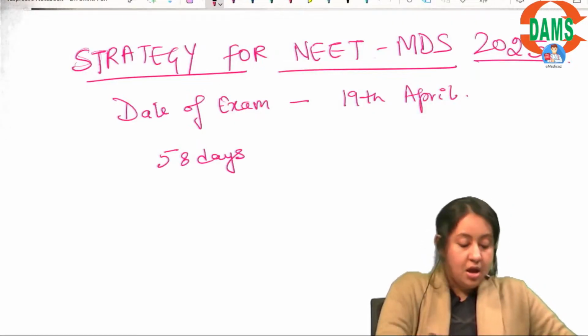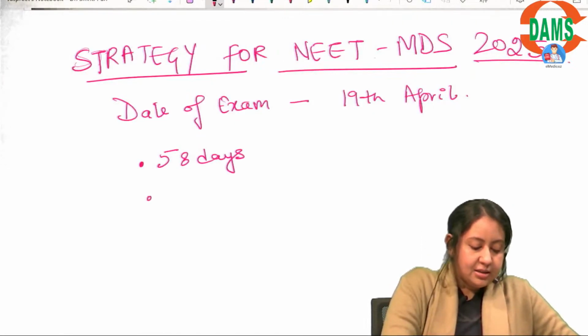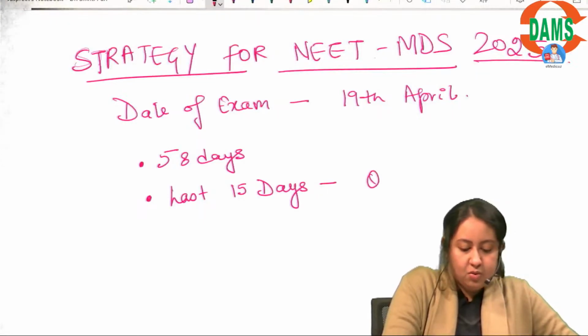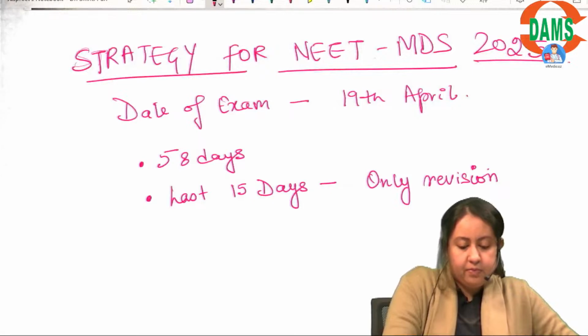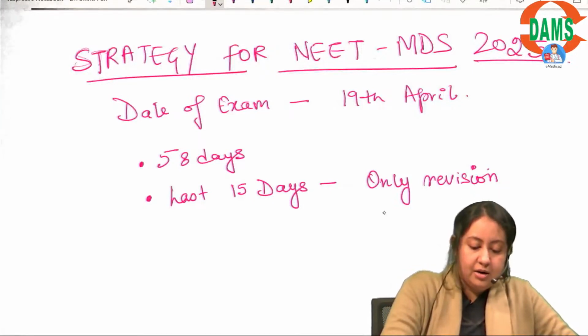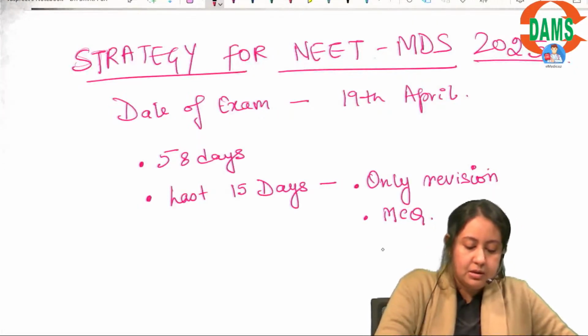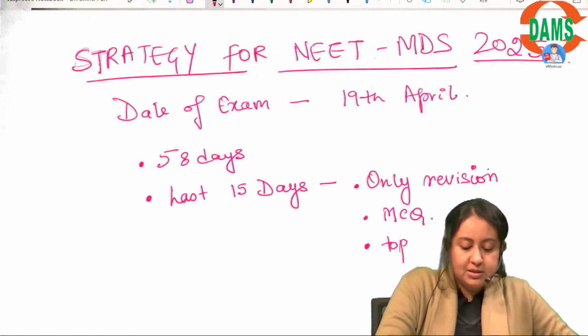From these 58 days, your last 15 days have to be only revision. What I mean by revision is only MCQs and only referring to notes for topics in which you are weak.